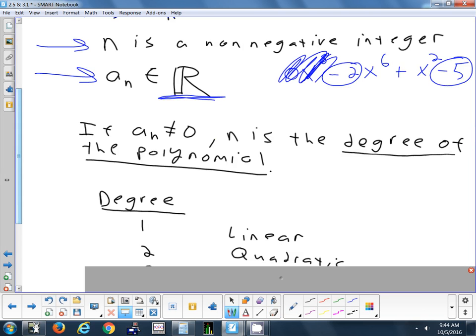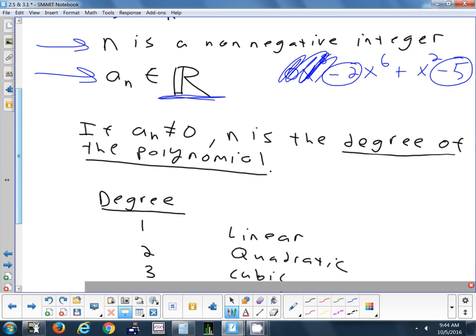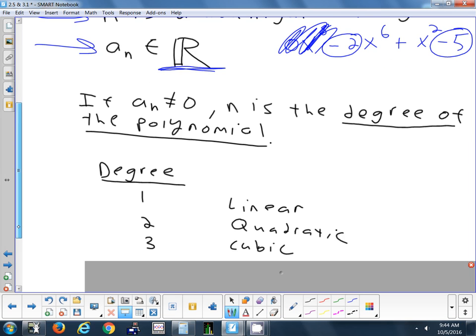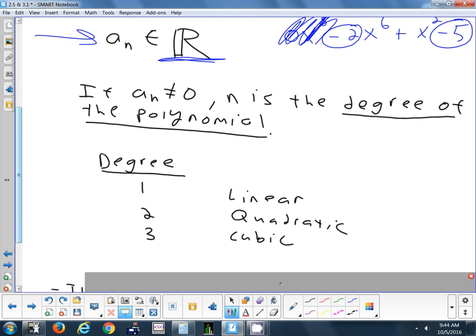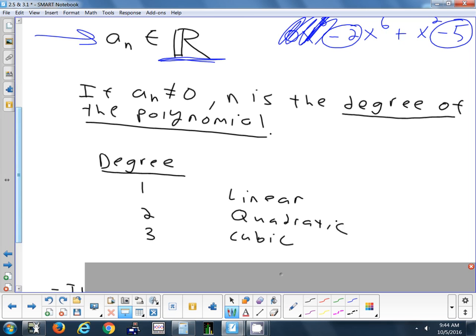So a local maximum is a point on a graph that's higher than all other points around it, over a certain interval. And a local minimum is a point on a graph that is lower than all other points around it.